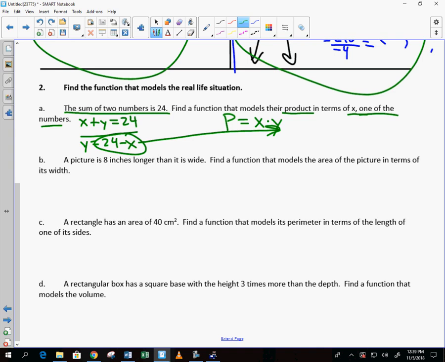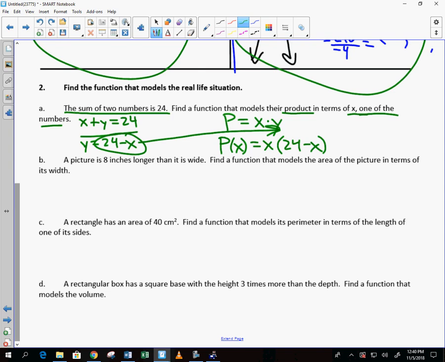So what's our new variable? Are we going to have an equation with X's, or with Y's? X's. So the product in terms of X is X times 24 minus X. Got it?